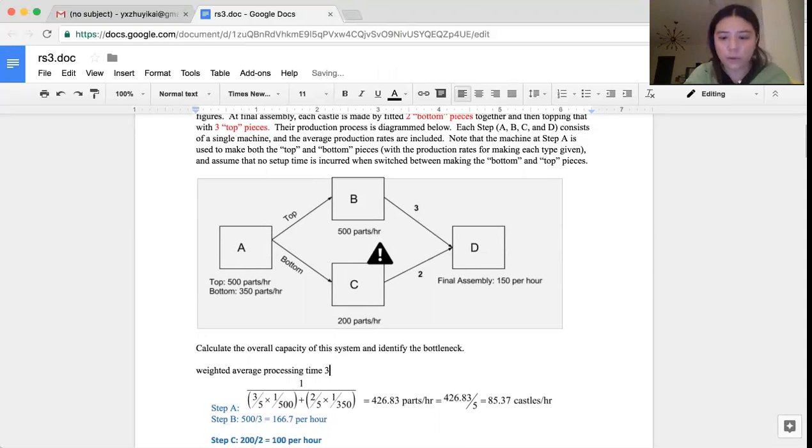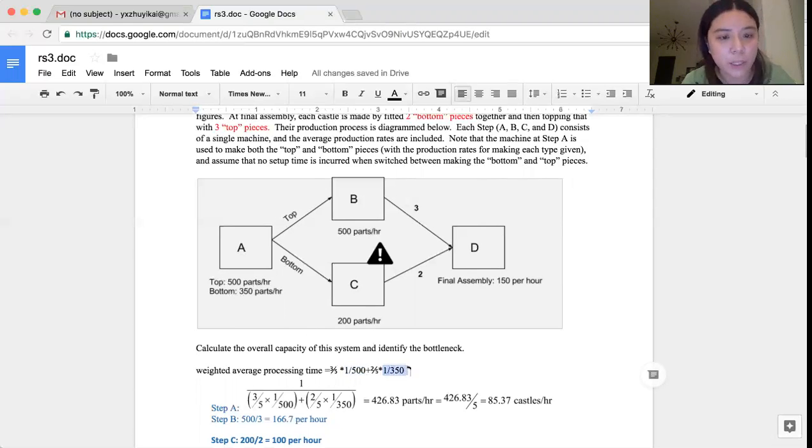So 3/5 times 1/500 plus 2/5 times 1/350 is the average processing time for step A. Since we know for the top, step A can process 500 parts per hour, for each part the time to process it is 1/500.